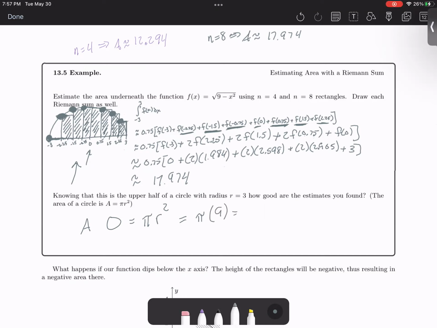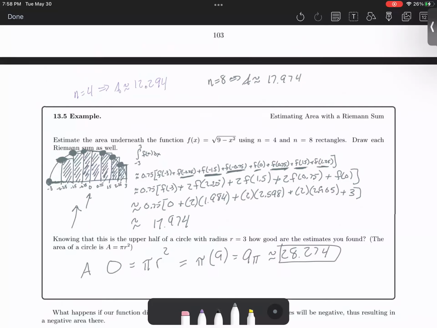So r squared was 9 pi. All right, if you plug 9 times pi into a calculator, you get about 28.274. So that's the actual area.